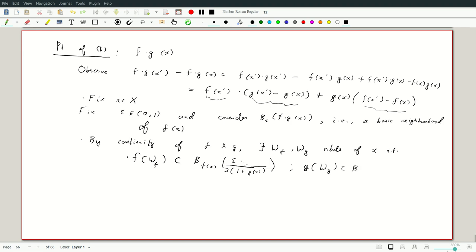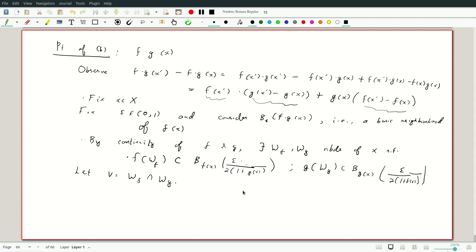This is contained in the ball around g of x of radius epsilon by 2 into 1 plus f of x. Okay. Fine, and you let V be equal to WF intersection WG.